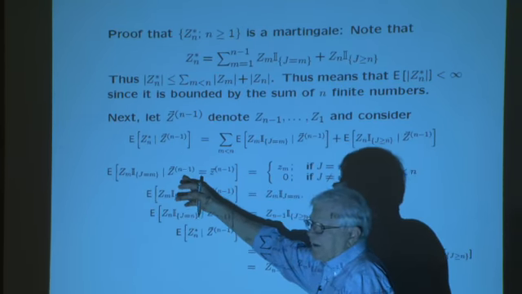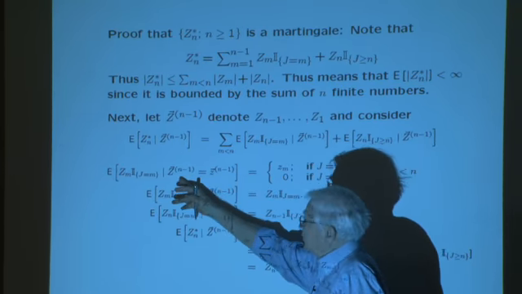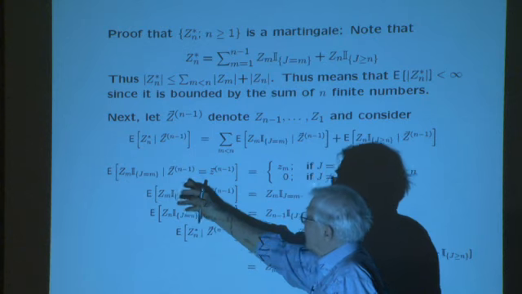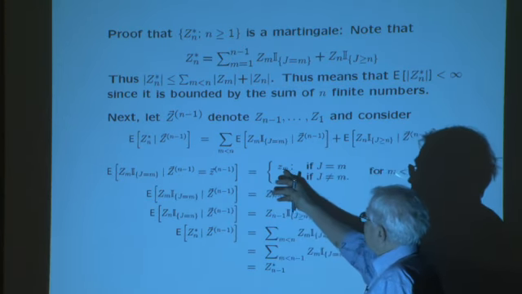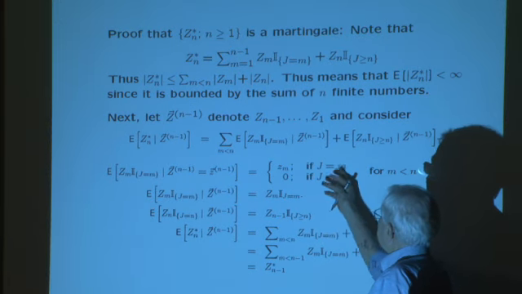The main thing that you're given here is the value of Z sub m being little z sub m, which says this quantity is equal to little z sub m if J is equal to m.